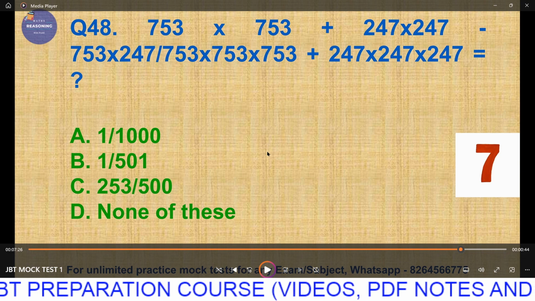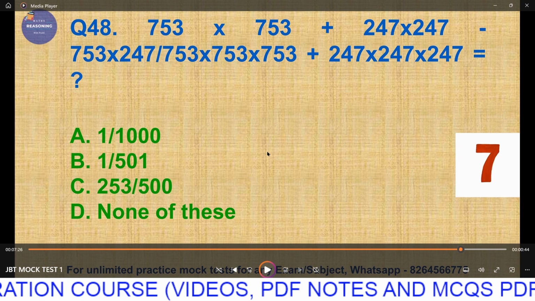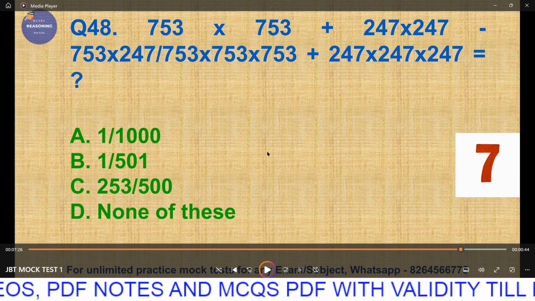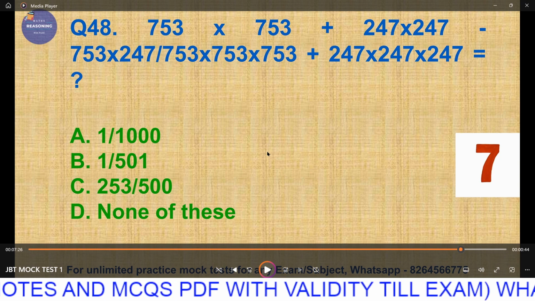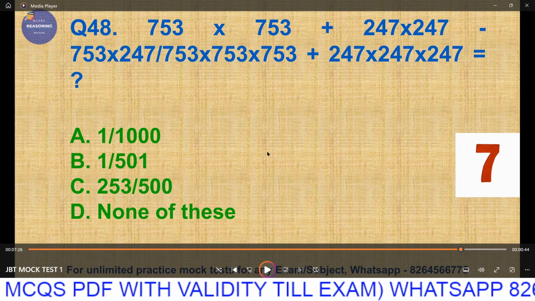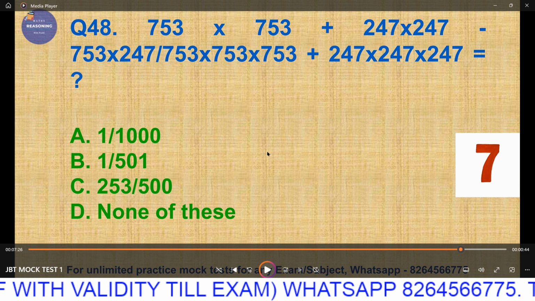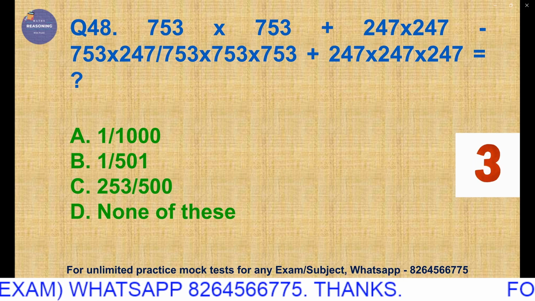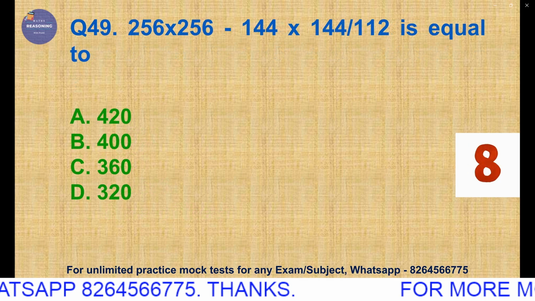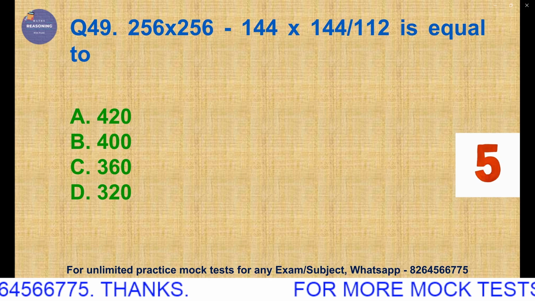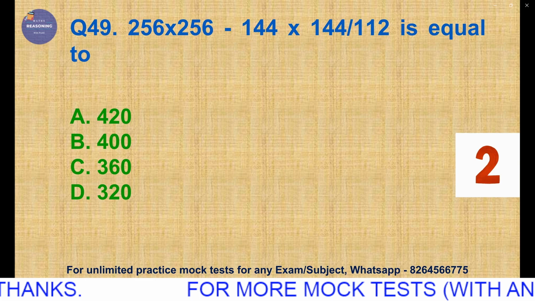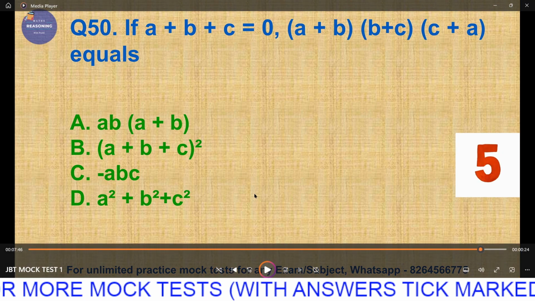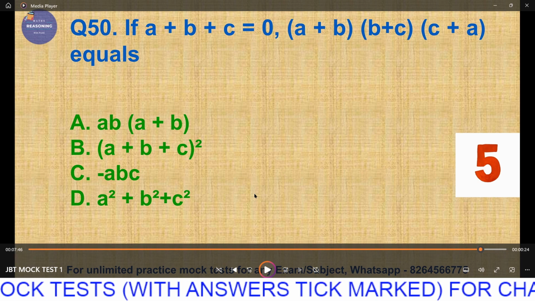Next is, (753 multiplied by 753 plus 247 multiplied by itself minus 753 into 247) divided by (753 cube plus 247 cube) equal to. 256 multiplied by itself minus 144 into 144 divided by 112 is equal to. Last question is, if a plus b plus c is equal to 0, then (a plus b), (b plus c), (c plus a) equals to.